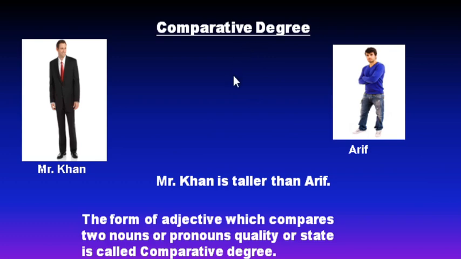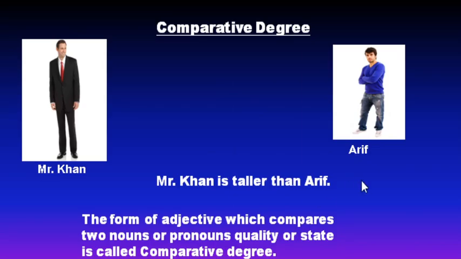In case of comparative degree, keep in mind that you have to compare between two persons or things. Also, tall is a one syllable word, but when the word has more than one syllable, you should not use this, then you have to use more or most.